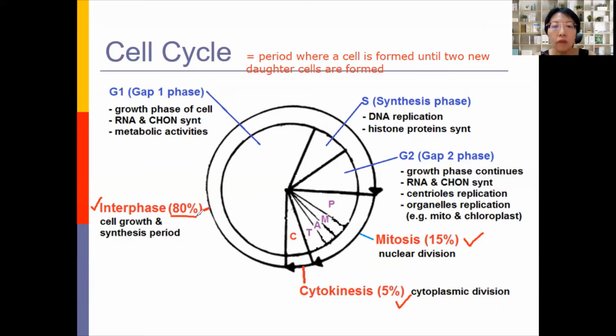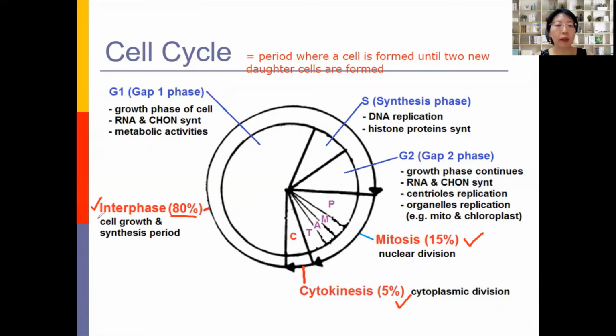When you look at the zone of cell division, by chance, 80% of the cells will be in interphase. So the majority will be in interphase.